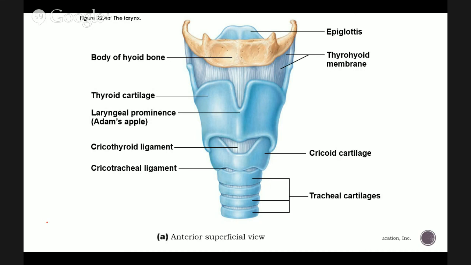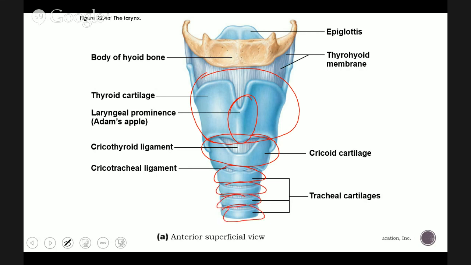You can see the large thyroid cartilage here, which has a prominence that's more prominent in men than women. It's called the Adam's apple. And then we have a cricoid cartilage below that, and then we have successive rings of cartilage all the way down to the bronchi. So the larynx is basically what's going to connect the pharynx to the trachea.